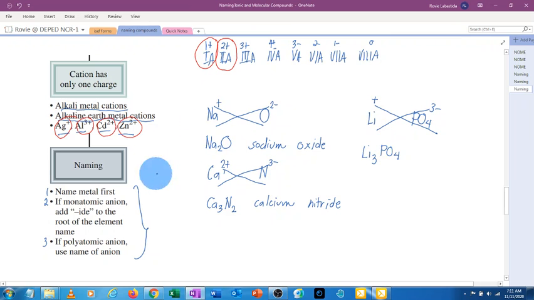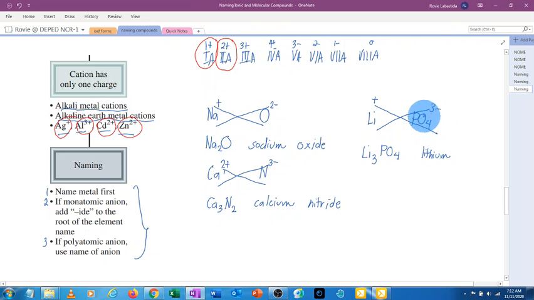Okay, now this time we will follow this rule. Name the metal first, and then if polyatomic anion, use the name of an ion. Alright, so let's name the metal first. We have lithium, and then if polyatomic anion, so this is a polyatomic anion, just use the name of the anion.